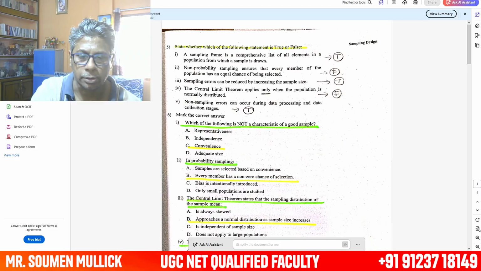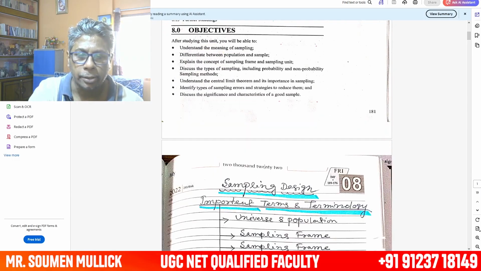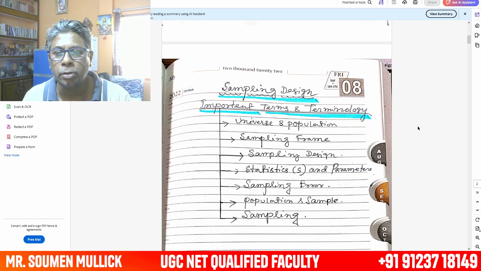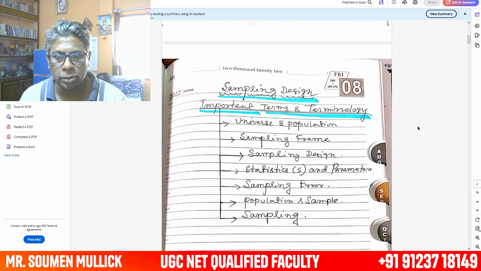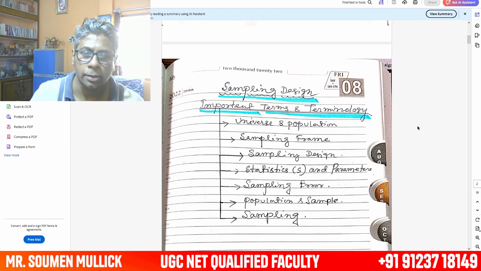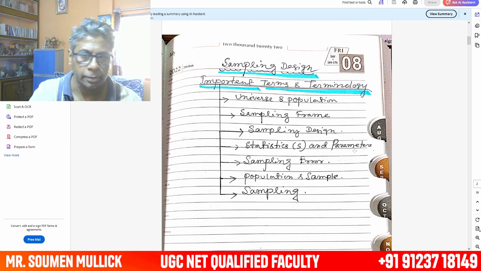So we have to understand the sample design, important terms and terminology of sample design. Under this section: the concept of universe and population. Second important area is sampling frame. Third, the sample design. Number 4, we have to understand statistics and parameter.